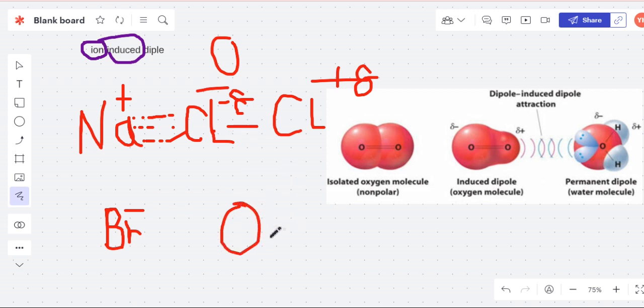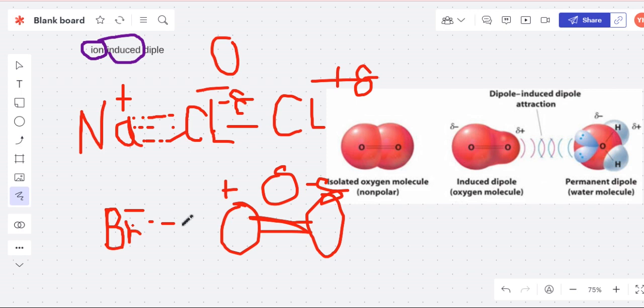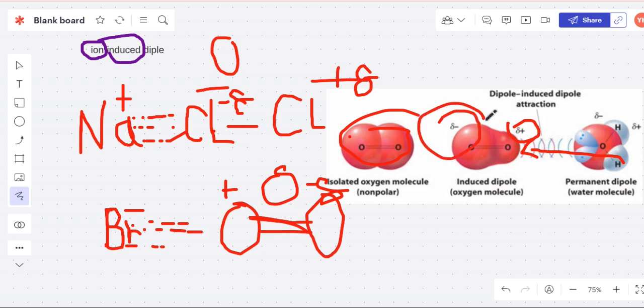When this bromine atom attracts oxygen toward itself, one oxygen gets a partial positive charge and the other a partial negative charge.